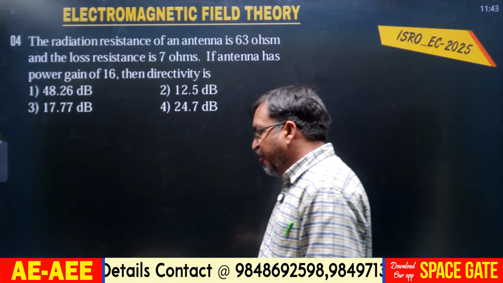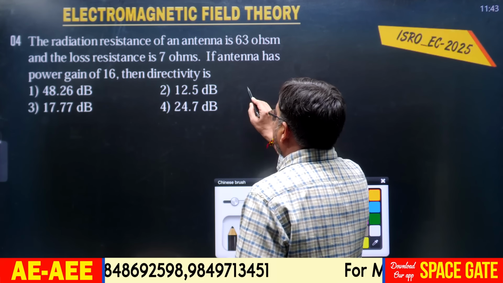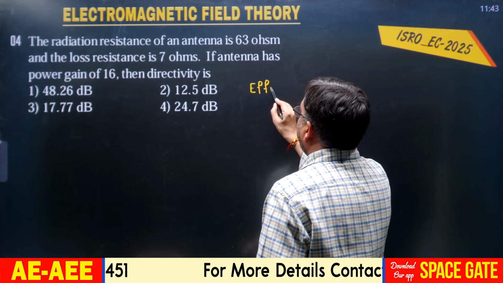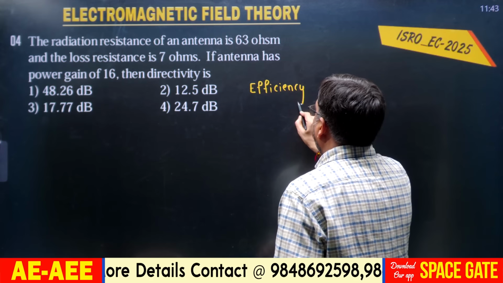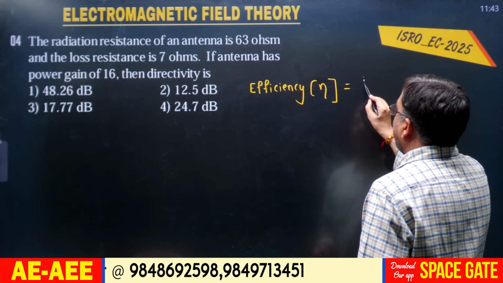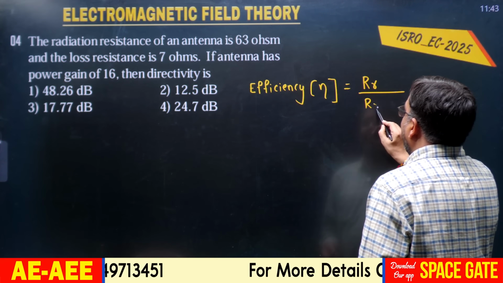Students, according to the efficiency of an antenna, here I am writing in terms of resistance. Efficiency eta equals RR by RR plus RL.